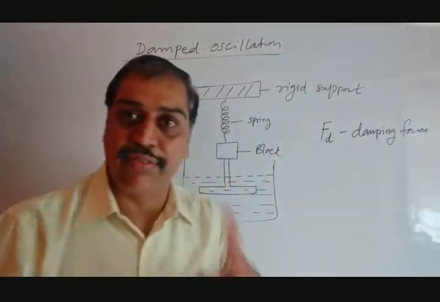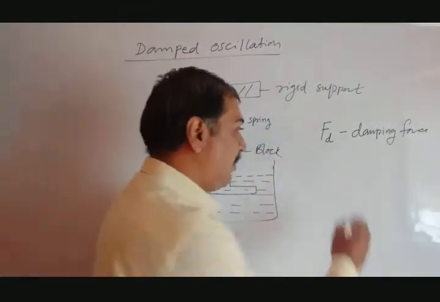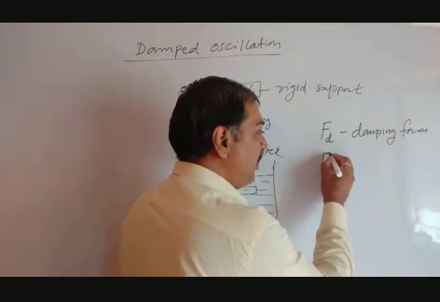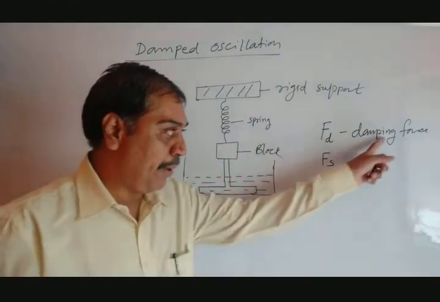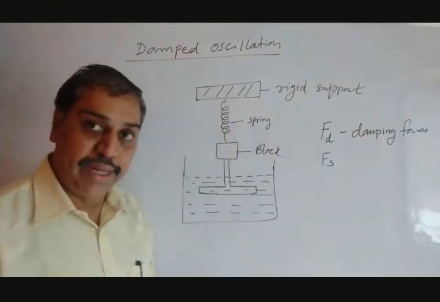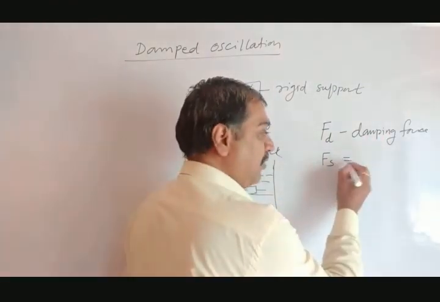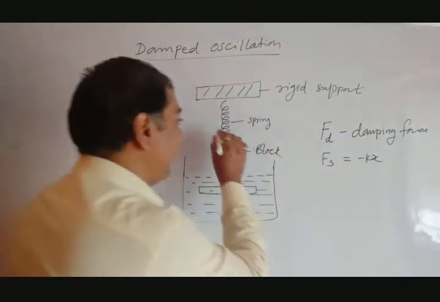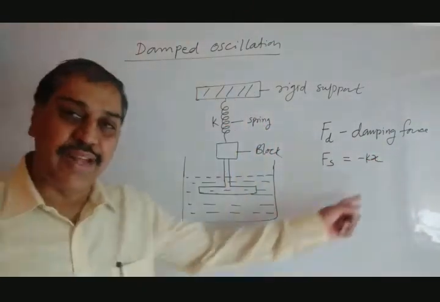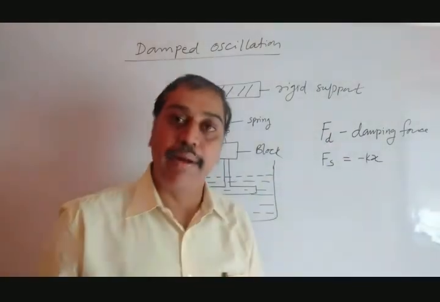At the same time, the second force is the force due to the spring, acting on this block. Fs, the force due to the spring, is equal to minus k into x, where k is the spring constant. This we have seen. And Fd is the damping force.